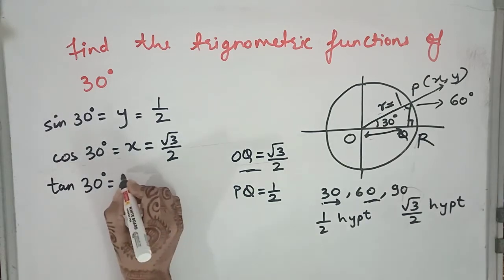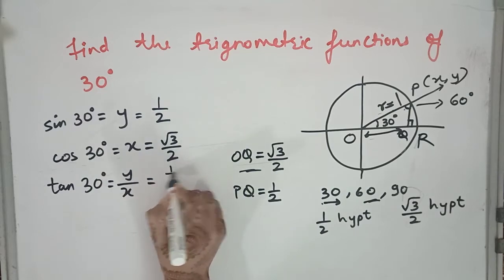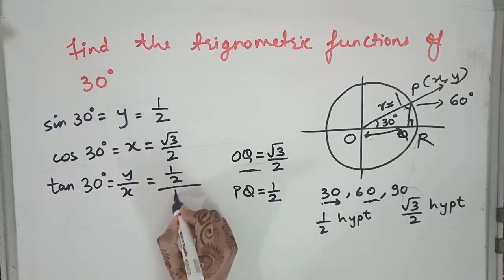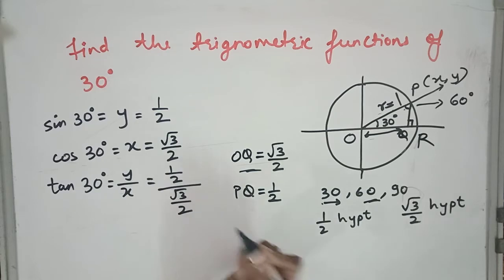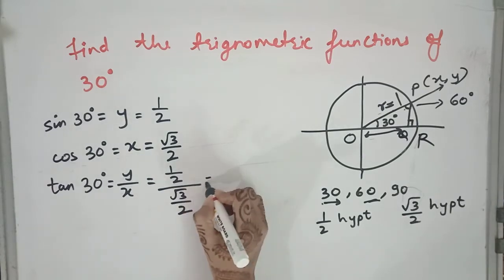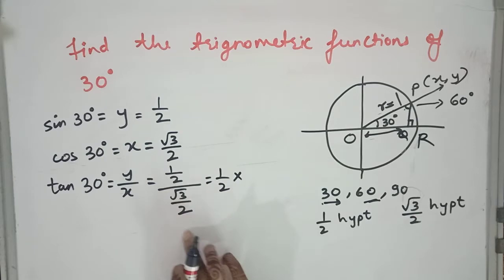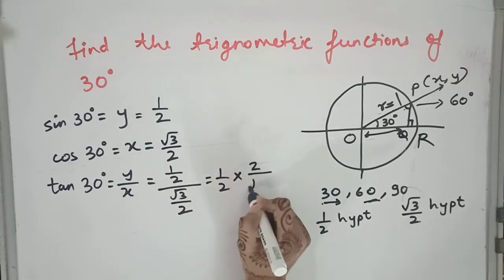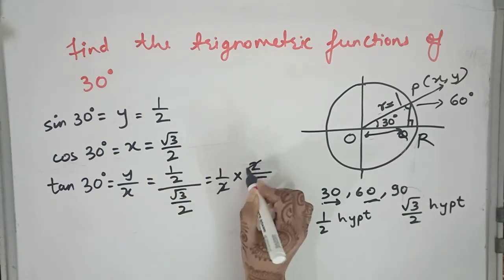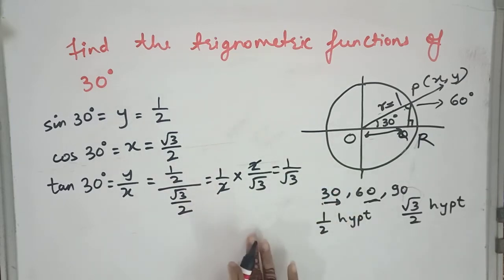Tan is sine upon cos, that is y upon x, that is 1 upon 2 upon √3 upon 2. This will be equal to 1/2 into, this gets inverted, 2 upon √3. The 2 gets cancelled. Answer will be 1 upon √3.